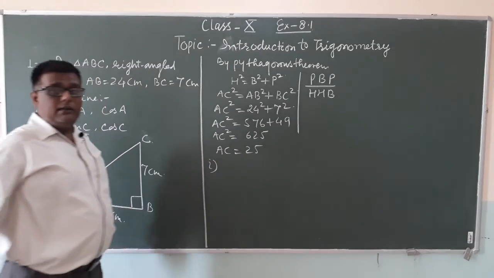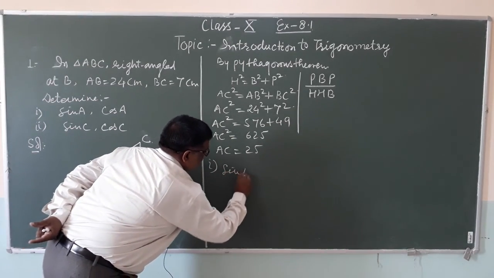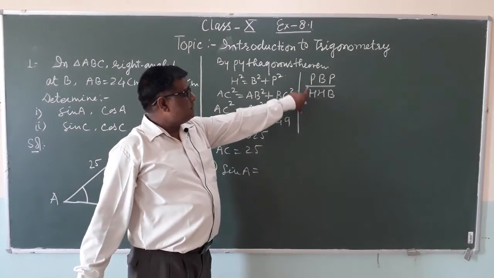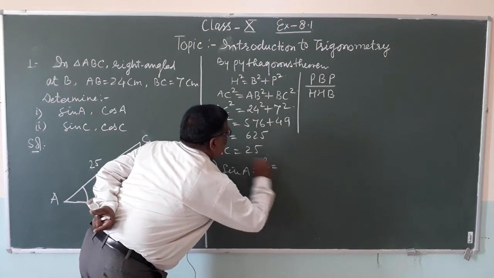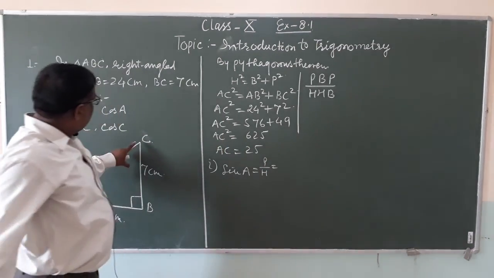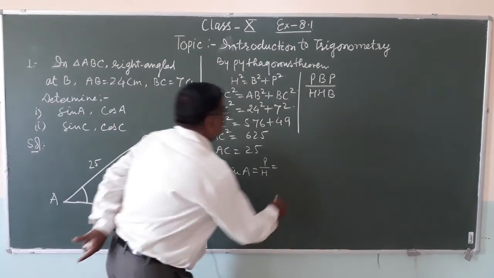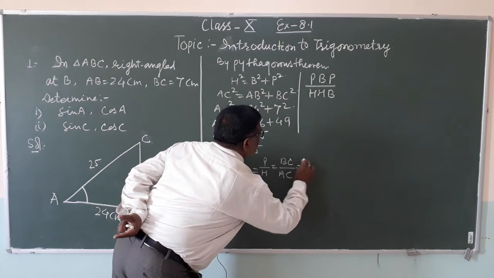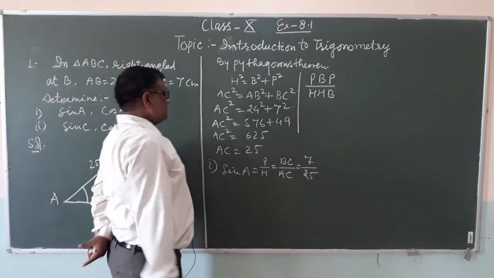Now use this formula. Therefore sine A, in case of sine we have to write P by H. And what is P? P is BC, H is AC. Now that is BC upon AC. This can be written as 7 by 25.